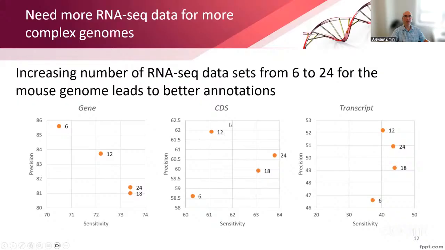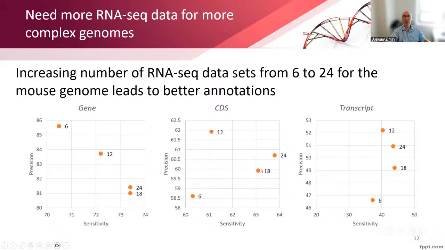And you can see that uniformly the quality of annotations increases as we get more RNA-seq data, although we see diminishing returns. So over here, you see 6, 12, 18, and 24 just gives you slightly better precision over the same sensitivity for genes. For CDSs, you can see clearly that 24 is the best.